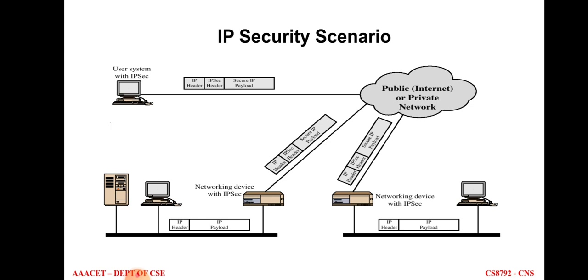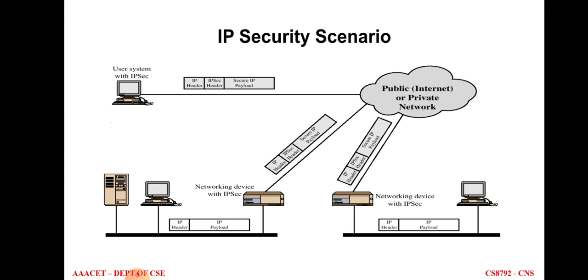So what are the benefits of using the IP security protocol? When IP security is implemented in a firewall or router, it provides strong security to all traffic. So IP security in a firewall is resistant to bypass if all traffic from outside must use IP.